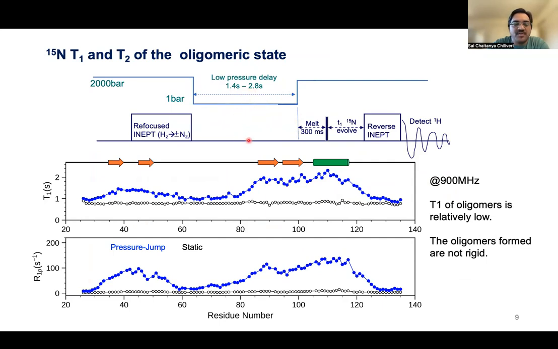The pressure jump T1 times are shown in blue, and these are significantly higher when compared to the T1 relaxation times of the protein collected under complete static pressure, where it undergoes complete monomerization.